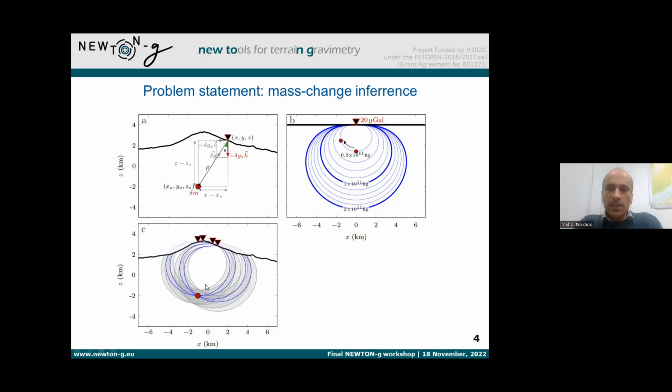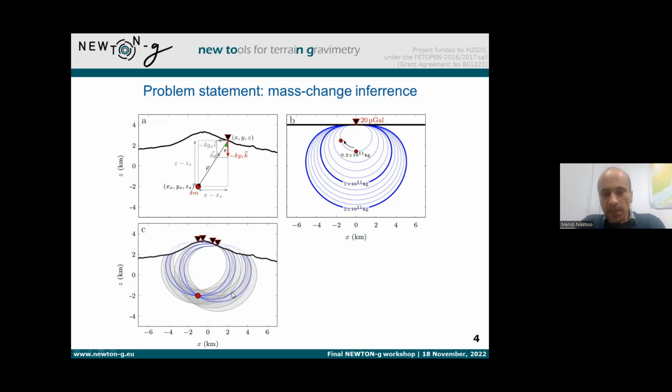But as we know, the observations have errors, and therefore, rather than having exact equimass contour lines like the previous panel, we get stripes. And the area where all of these stripes overlap represents the uncertainty associated with the constrained point mass.